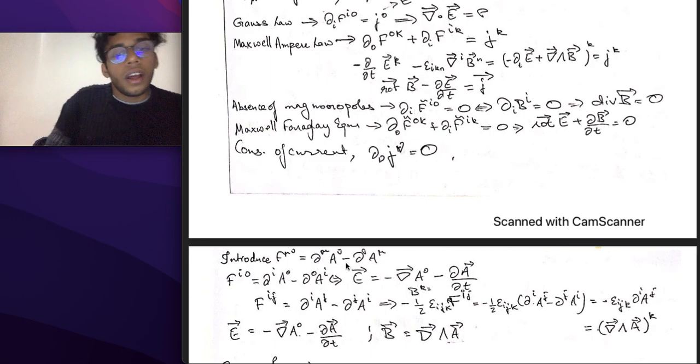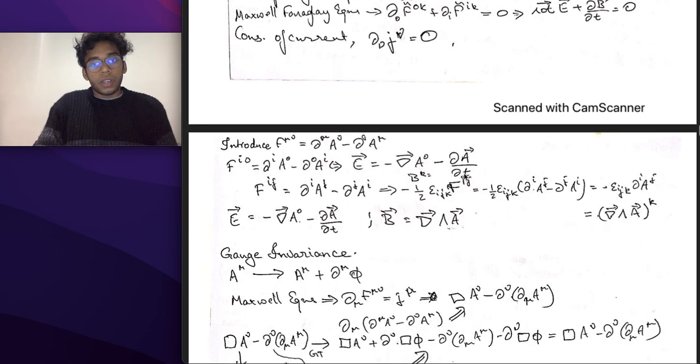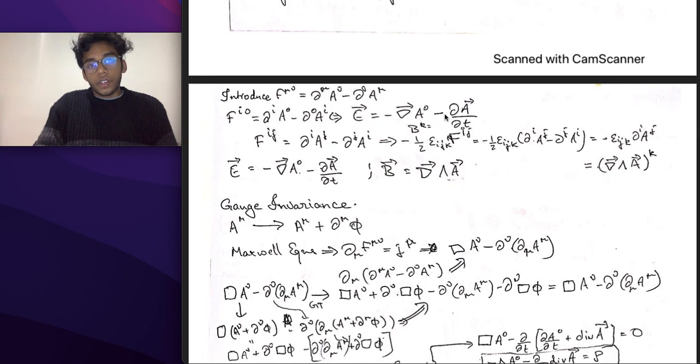Now, what we do is we introduce a vector potential, four vector A mu, and we define F mu nu as dou mu A nu minus dou nu A mu. So you calculate F i0, that is your E, the electric vector, and that is given by the gradient of A naught minus dou A by dou t.